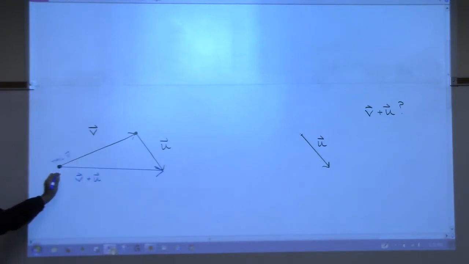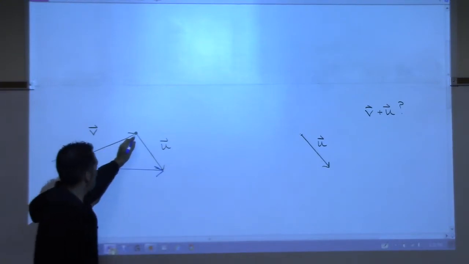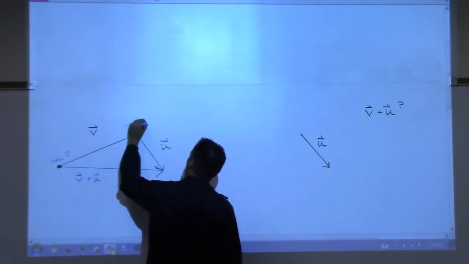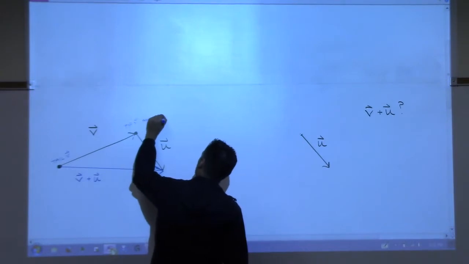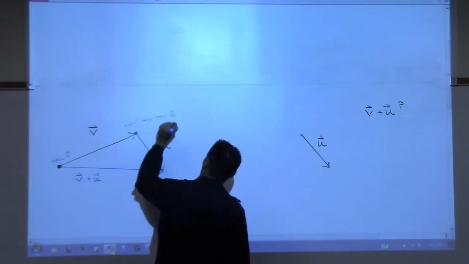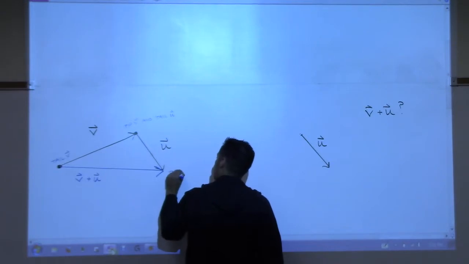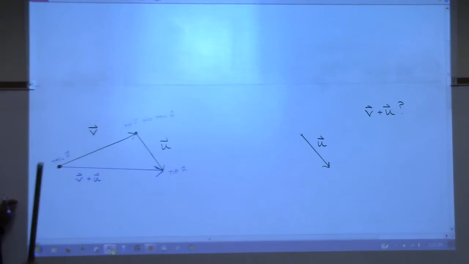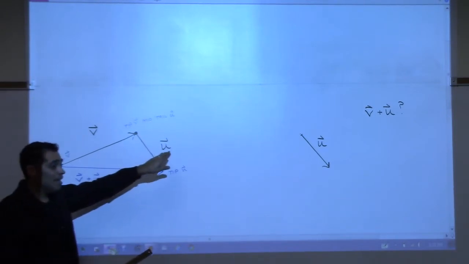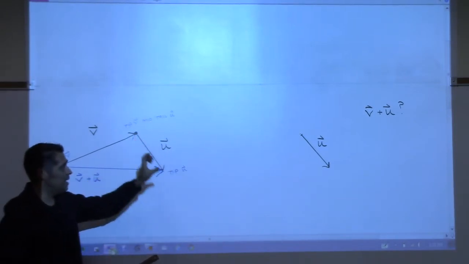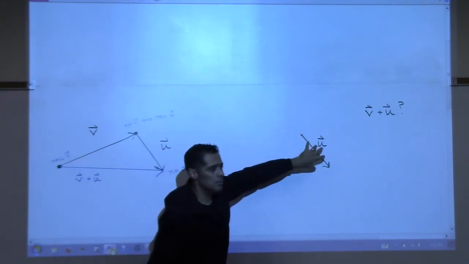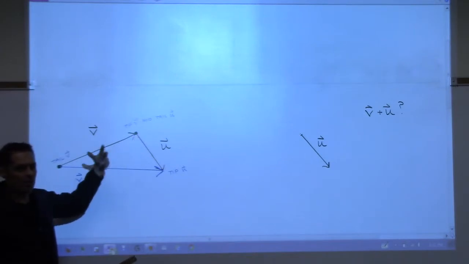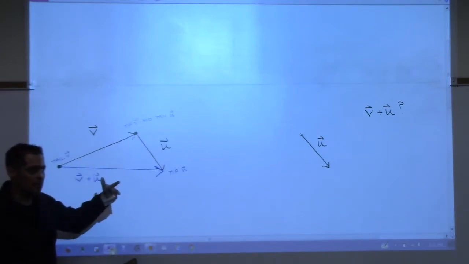And up here, this point is the tip of V, but it's also the tail of U. And then this point right here is the tip of U. So when I added these two vectors together, V plus U, I attached the tail of U to the tip of V. They call this vector addition tip to tail, or tail to tip.